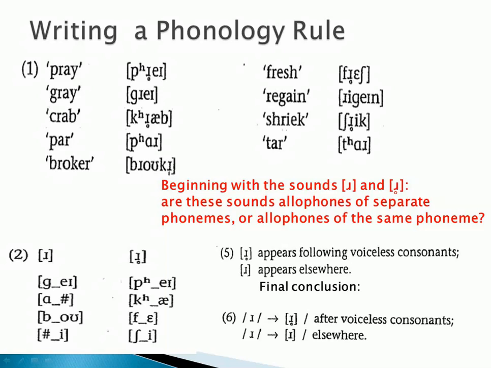You don't need to describe all that. I just say appears elsewhere, because by analyzing this environment, I can come up with just one rule. Okay? So this is my final conclusion.